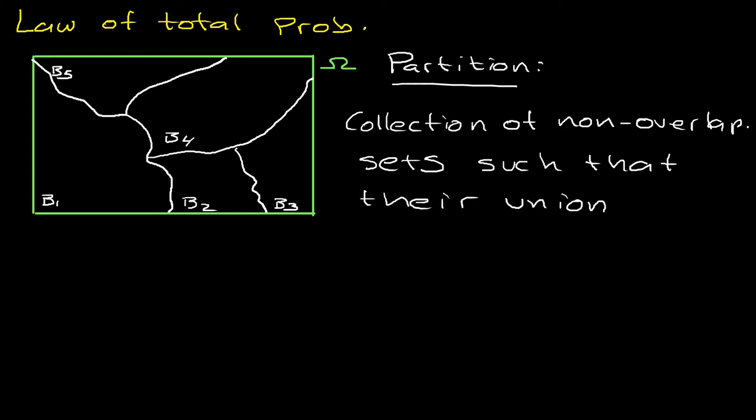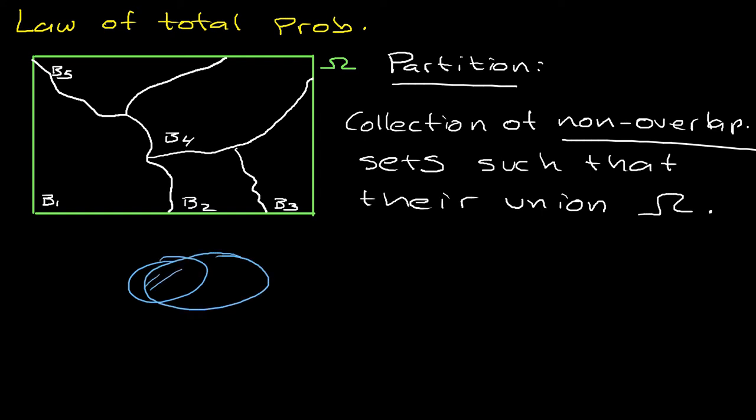So these non-overlapping sets make reference to this graphic idea of the Venn diagrams, of not having overlapping sets like when you draw something like this. So they are overlapping over here. So that's what we mean by overlapping in this graphical sense.